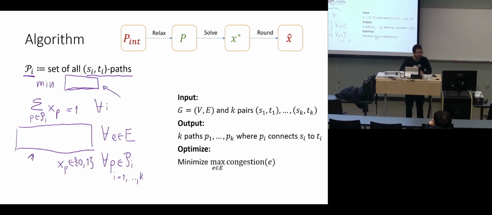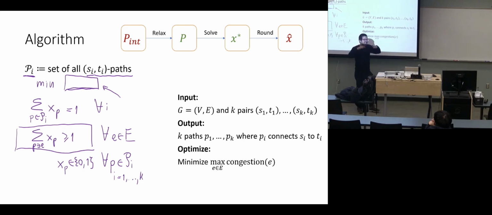The constraint. The sum of all the paths that contain e should be at least one. This is not right yet, because this means that you want every edge to be used at least once.